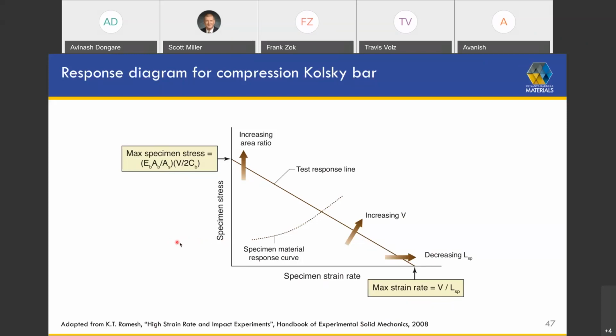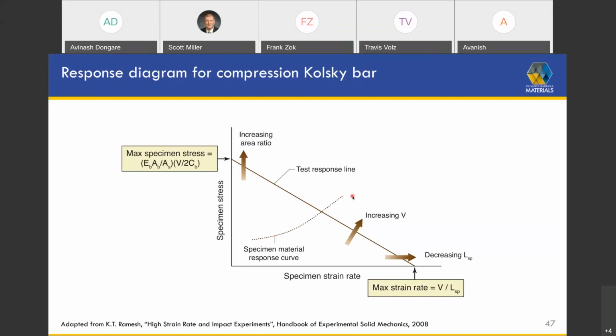Okay, so you're going to have a flat portion to this curve. The upturn in the strength versus strain rate curve occurs typically at strain rates of something like 100 or 1,000 per second. And then it goes up very rapidly. Okay? So what we're trying to do experimentally is to access various points on this curve.